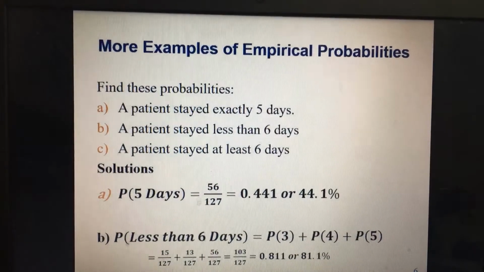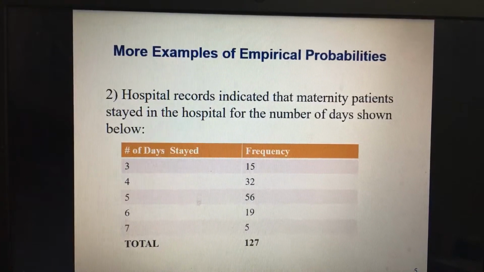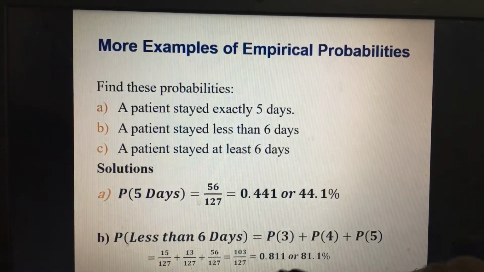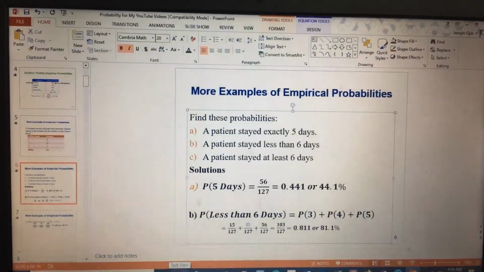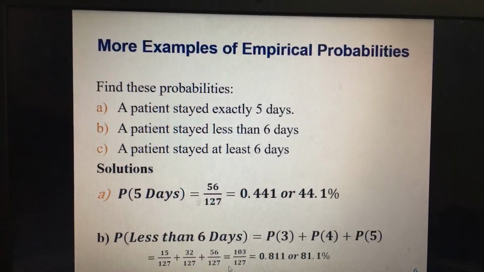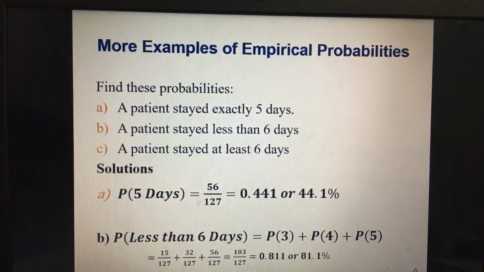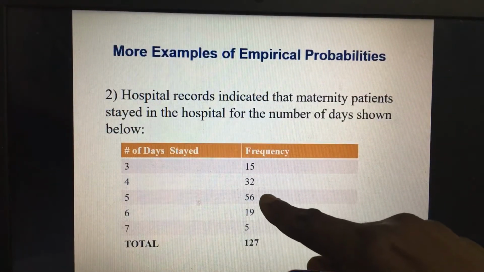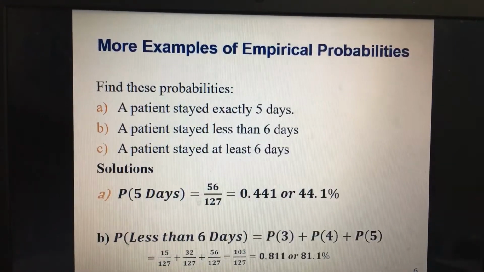All right. Then how about 5 days? From here, we have 56 out of 127, which is right here. Now, having done that, we can now get our answer.